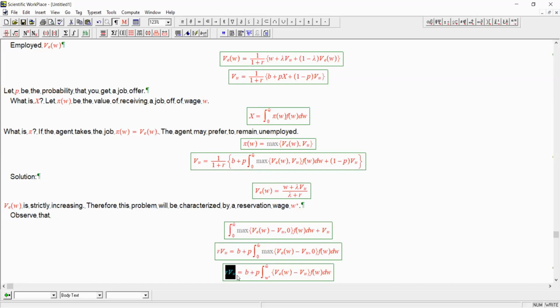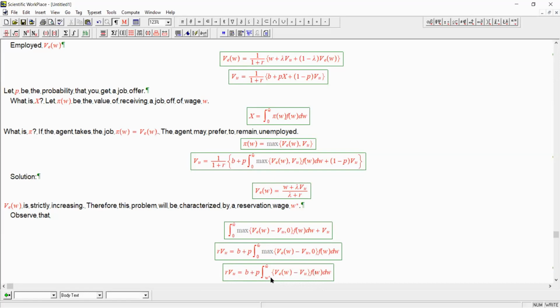So the flow value, what you get each period from holding this asset, the asset being the state of being unemployed, is you get this payment B, and with probability P, something might change. With probability 1 minus P, nothing changes, and so there's nothing to keep track of. With probability P, what do you get? You get the expected value of receiving a change in your value function.